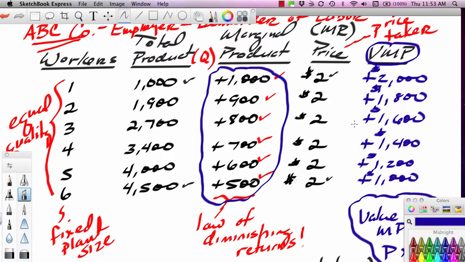In other words, I don't need gadget workers if they can't produce gadgets. All right? My desire as a gadget company, ABC company, is desirous of gadget workers only because those gadget workers produce gadgets. And if they're not producing gadgets or producing a sufficient number of gadgets, then we're not going to be as inclined to hire that worker. So marginal productivity is a key factor that affects the demand for labor.